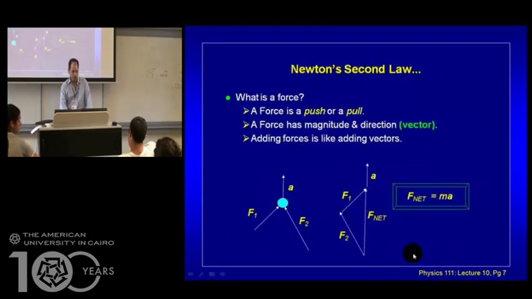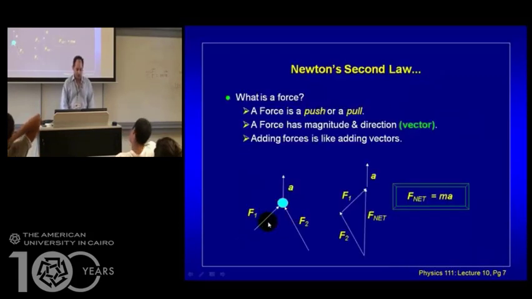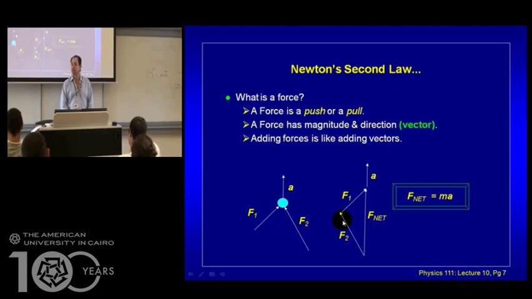Now look at that object. You have an object of mass m, and there are two forces acting on that object, F1 and F2, along those directions that you see. What is the acceleration of that object? So what to do? We add those two forces as vectors.